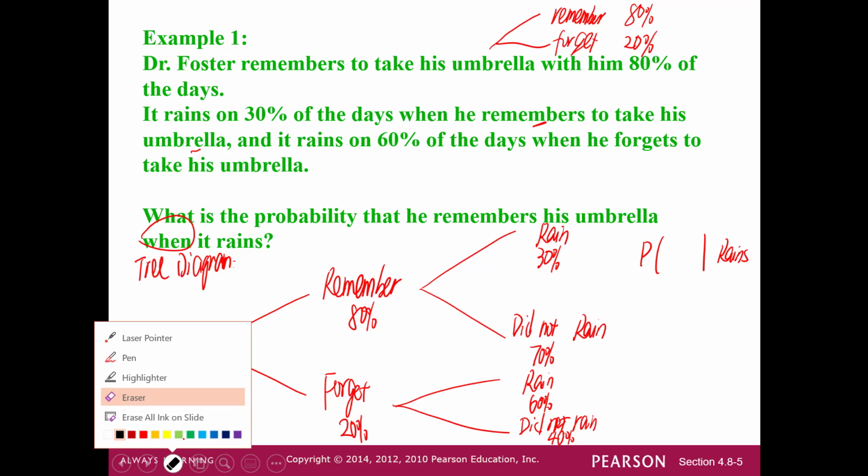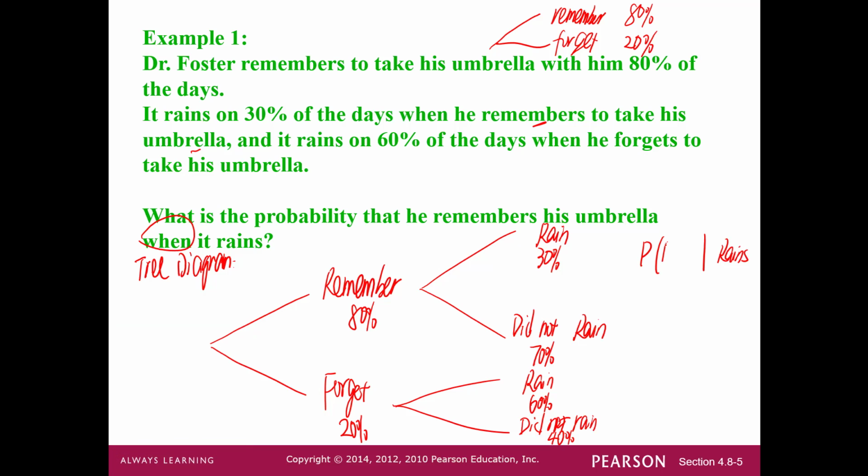This is how we set up the conditional probability. If you look into when he remembers and it rains, and when he forgets and it also rains, we're looking at the percentage of the time when he remembers the umbrella when it rains.